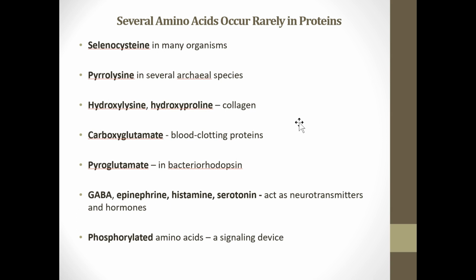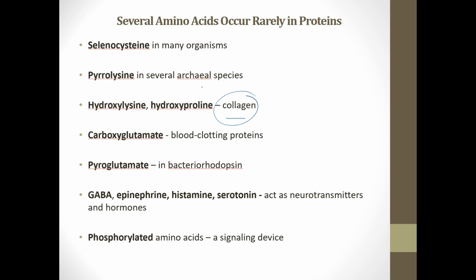So there are also, in addition to those 20, numerous amino acids which occur infrequently in proteins in terms of the diversity of proteins in which they appear. The reason I have to specify that is because one of the examples here is collagen. And collagen is not a rare protein.